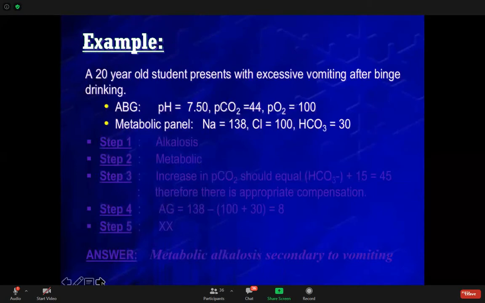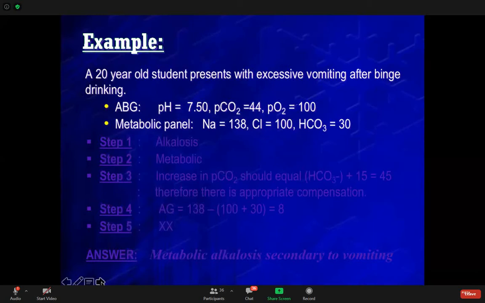So let's do this example. A 20-year-old presents with excessive vomiting after binge drinking, and his ABG shows pH 7.5, PCO2 44, and bicarb 30. I think we know by now. So the first step is we look at our pH.